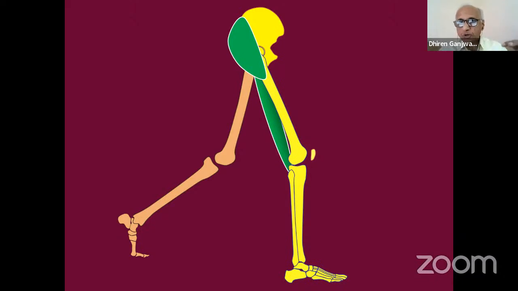Hamstrings have a very important role to play at this particular point, and that helps in the hip extension. My dear friend Paolo emphasized that if you do any surgery on the hamstrings at this point, then this hip extension will be lost, and that leads to an anterior pelvic tilt, and that causes more problems with the gait.